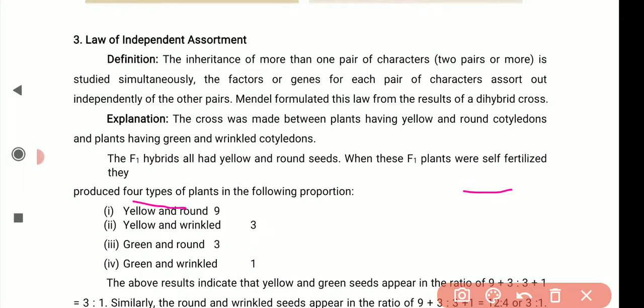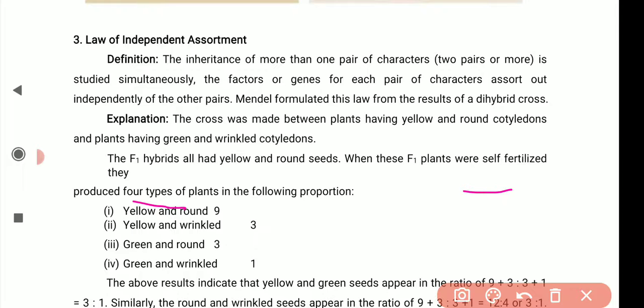It could be 3 characters: seed shape, seed color, plant length, then flower color. It could be so many, 5-6 characters, okay? So the inheritance of more than one pair of characters is studied simultaneously.